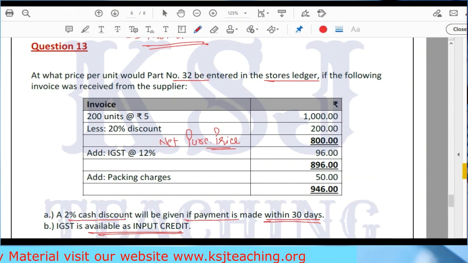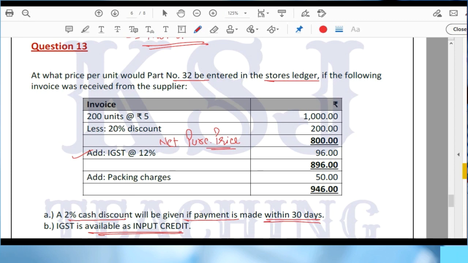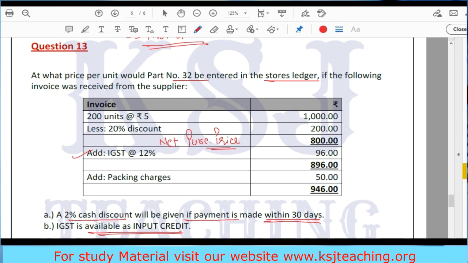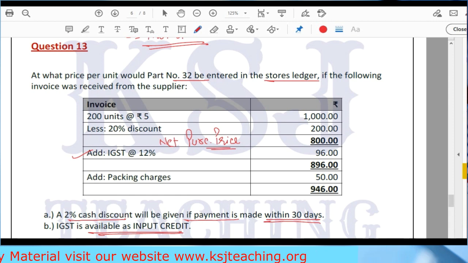Sir, after this, I will add IGST of 96 rupees. Will I take the IGST of 96 rupees? Tell me. No, sir. Why?